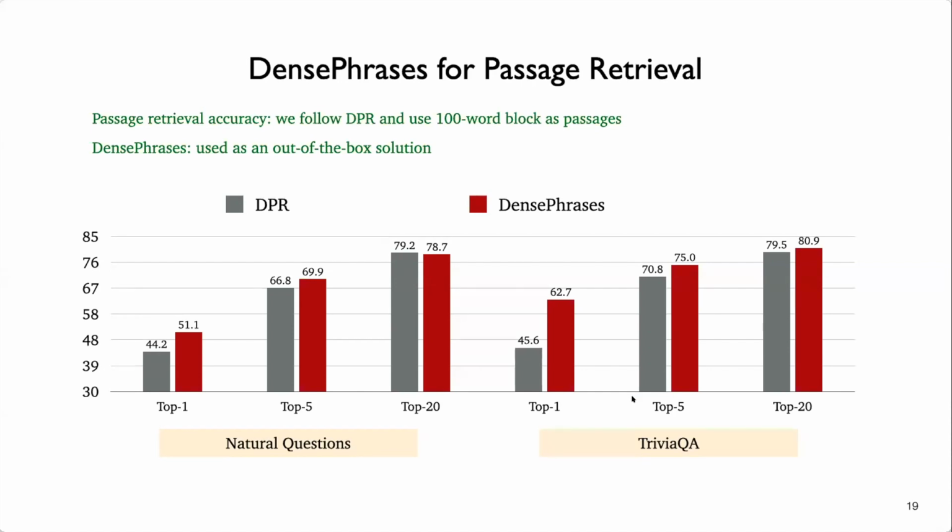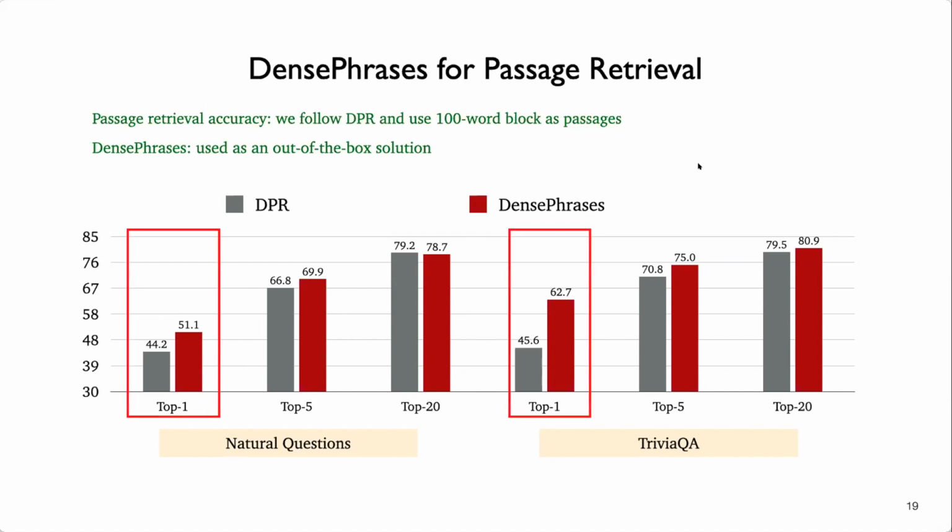Because we don't train DensePhrases for the full passage retrieval task, but by just using it out of the box, DensePhrases already outperforms DPR, dense passage retrieval. And this improvement is especially large for the top ranked results, such as top 1 or top 5.